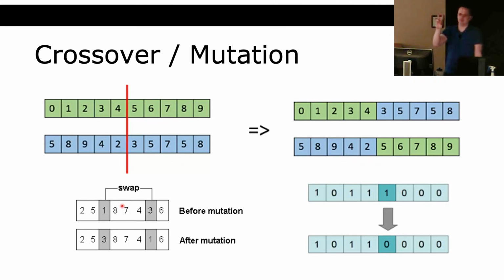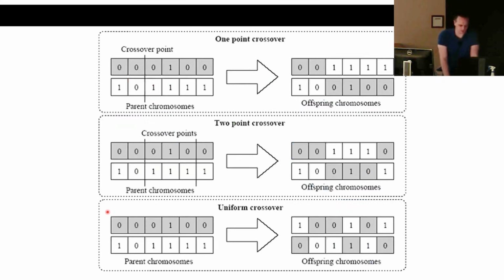There are two ways to do different mutations. I'm not sure if we'll get to that when we talk about the assignment, but one way to do a mutation is to take two values in the array and swap them. Another way is just to take a value and change it to another legal random value. So we can do mutation in several different ways.